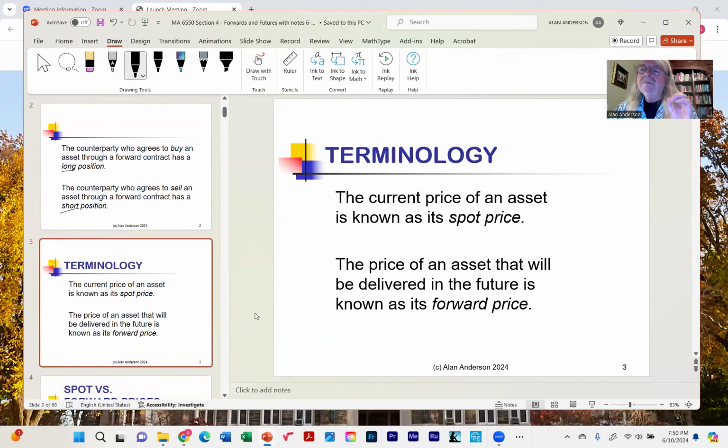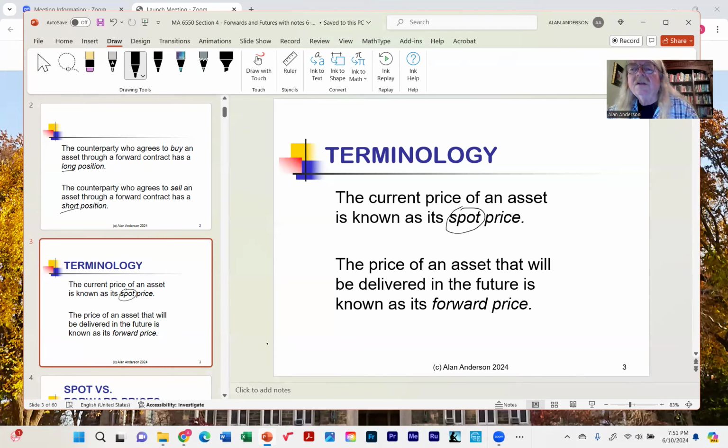Okay, by the way, more terminology here. An asset that is going to be delivered today. Let's say that we look in the Wall Street Journal and we see that gold is currently selling for $1,800 an ounce. Because that price is something that we would pay to take immediate delivery of the gold, that is referred to as a spot price.